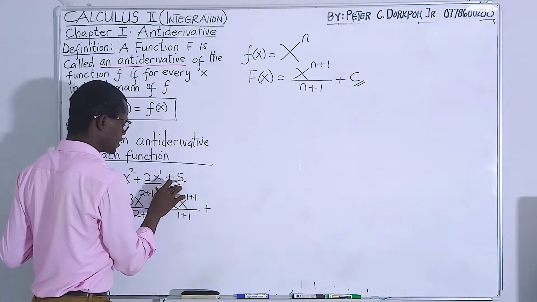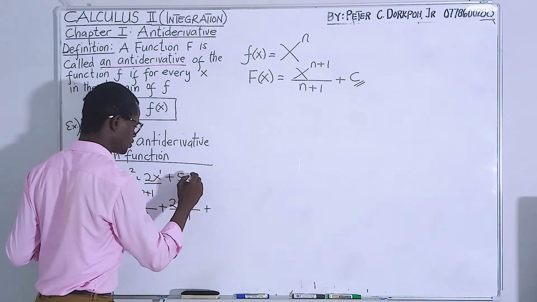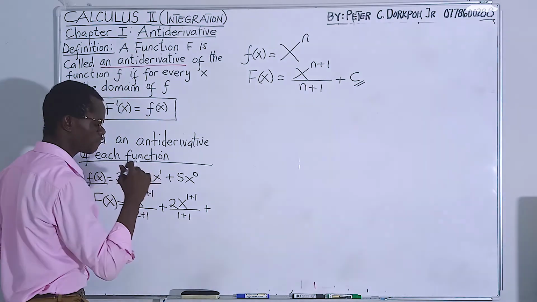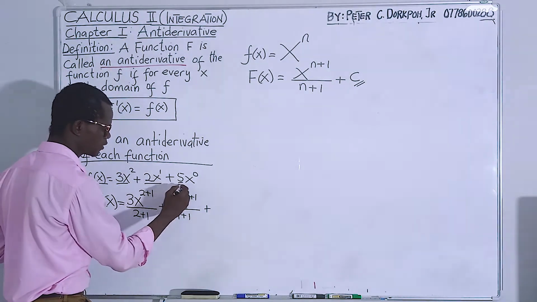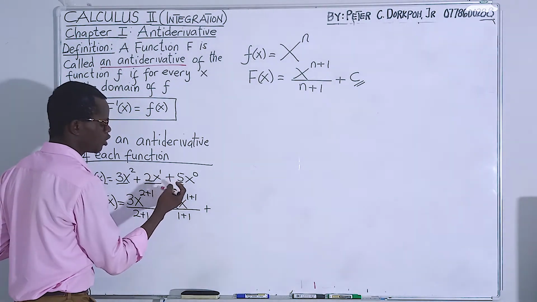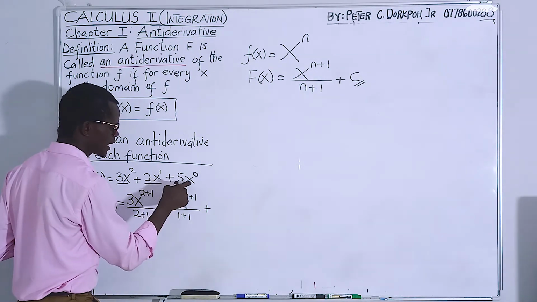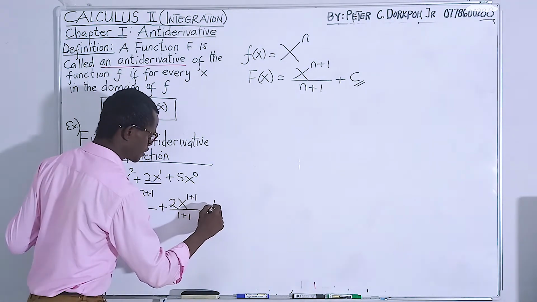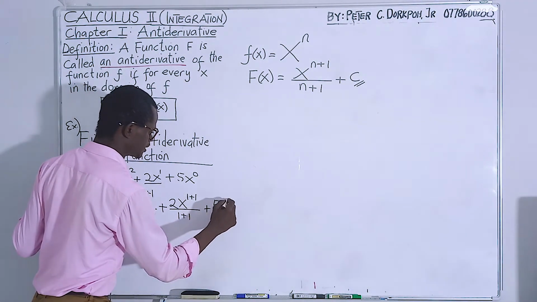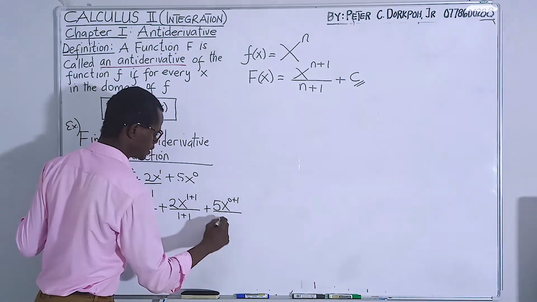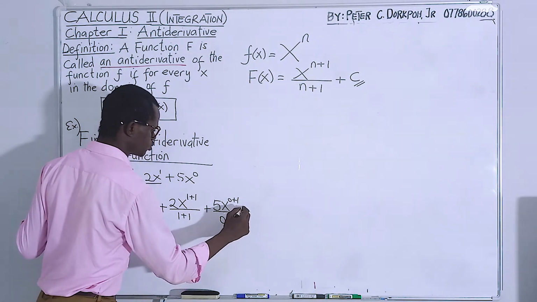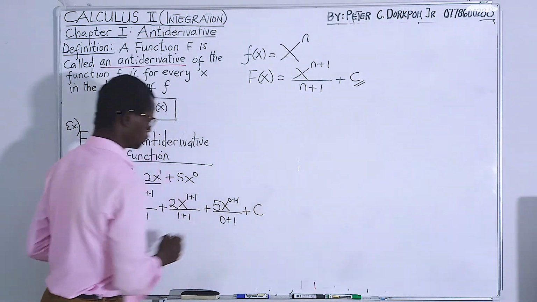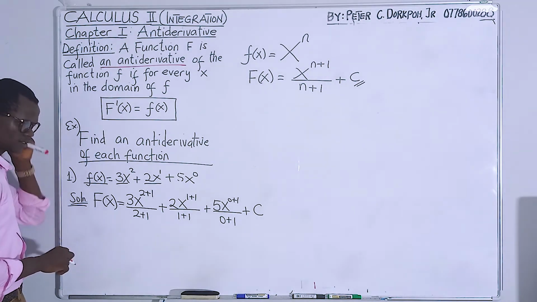Then there is an invisible variable here, raised to the 0 power. Just understand that whenever you find the antiderivative of a number, it gives you the number times the variable. So you have 5x raised to the power 0 plus 1 all over 0 plus 1. Remember, whenever you find your antiderivative, add plus some constant c at the end.